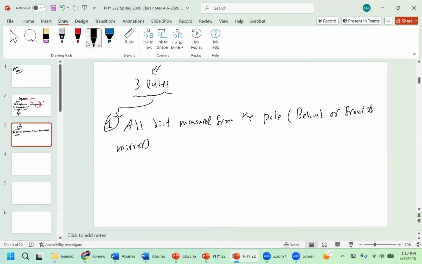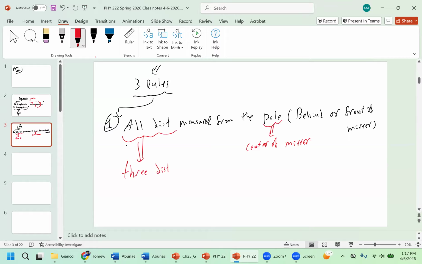Now, when we talk about pole, just a reminder, it's the center of your mirror. And when you talk about all distances, we're really talking about three main distances. Number one is how far is the focus, which is your focal length.